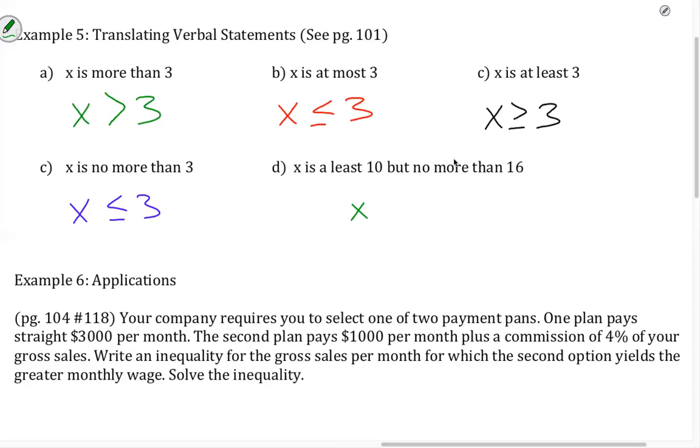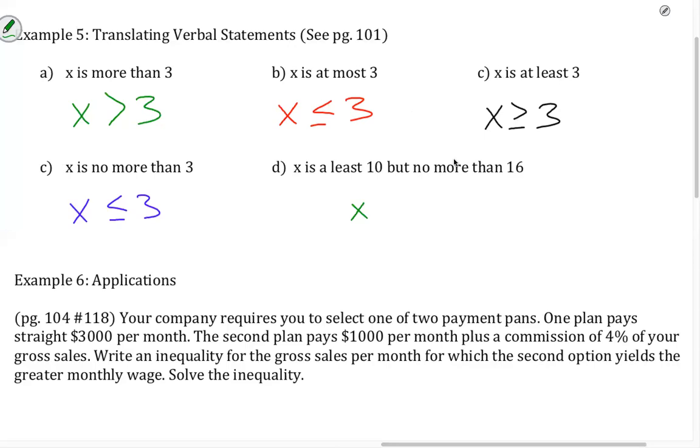So if a number is at least 10, but not more than 16, can you give me a number that is at least 10, but no more than 16? 12. 12 is what in comparison to 10 and 16? It's like in the middle almost. In the middle. So that's where X is going to be. X is going to be in the middle.